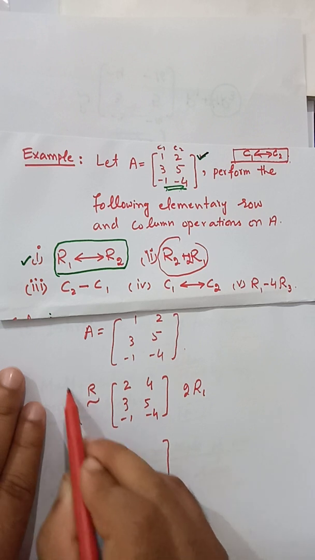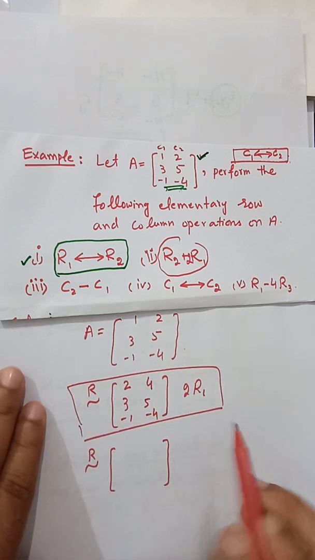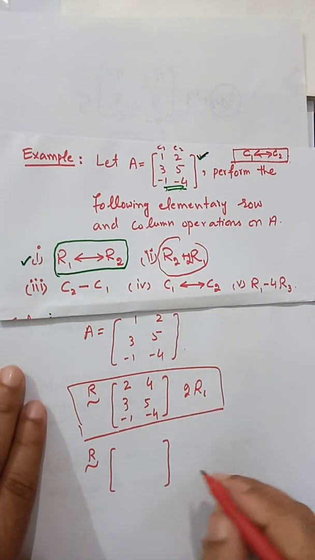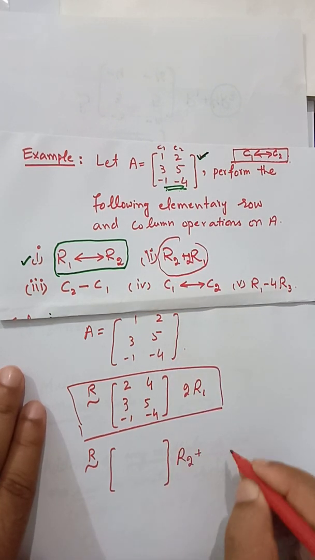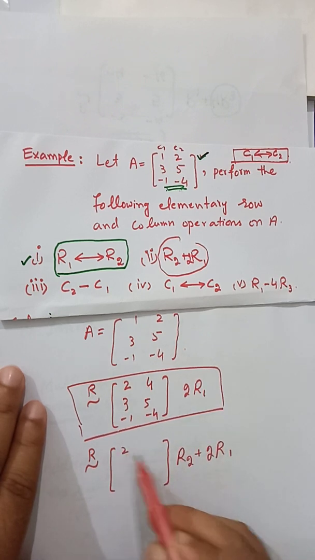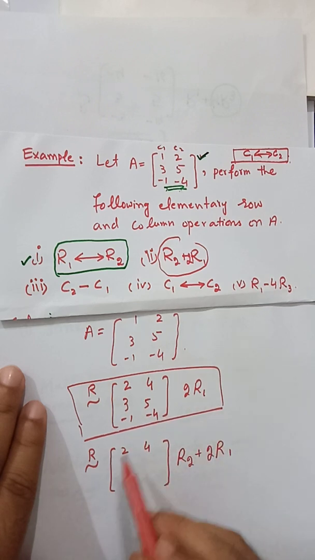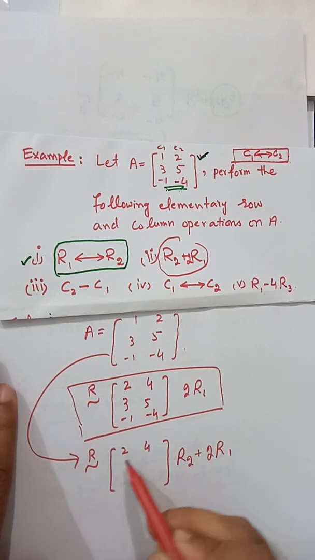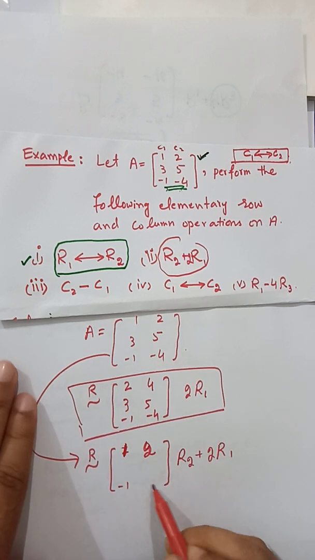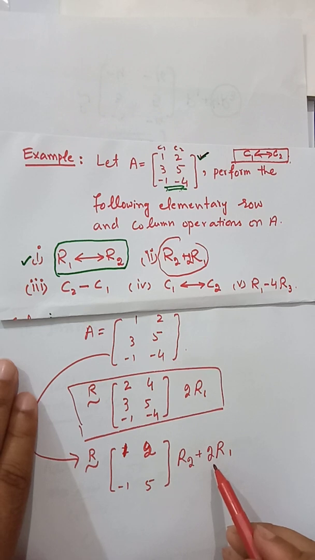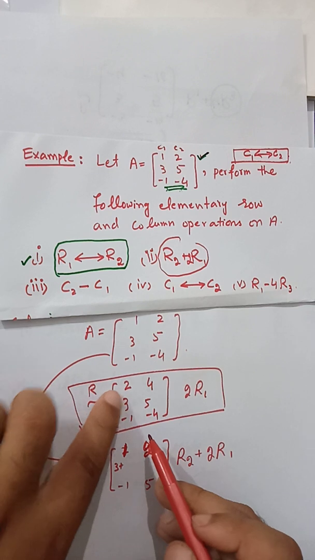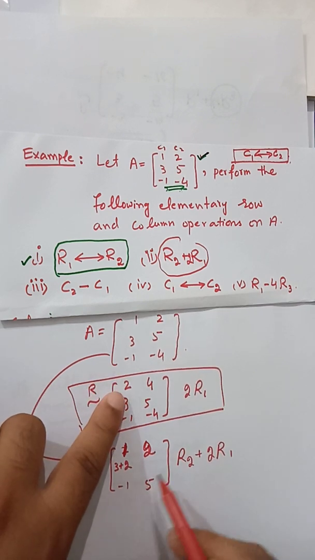Okay, now you get this. You need to write this on the side, in the rough. Actually we are doing this row operation, R2 plus 2 R1. So now this must be written in its own place. Now if you are converting this, it will be written as 1 2, this is minus 1 5, and 2 R1 is added to R2.